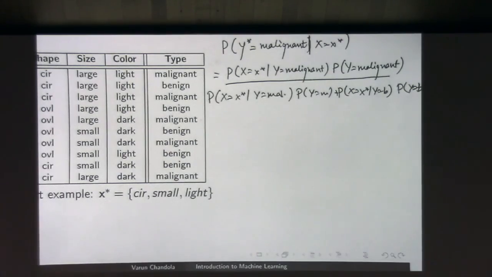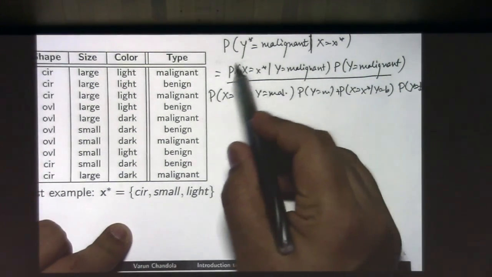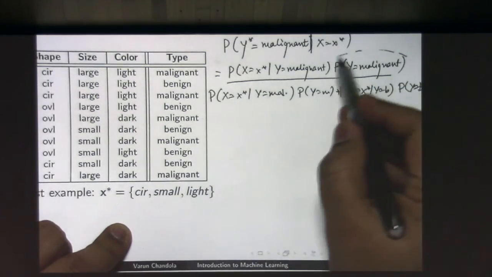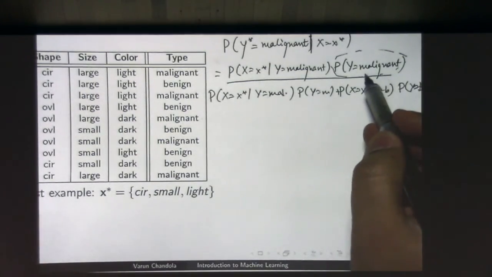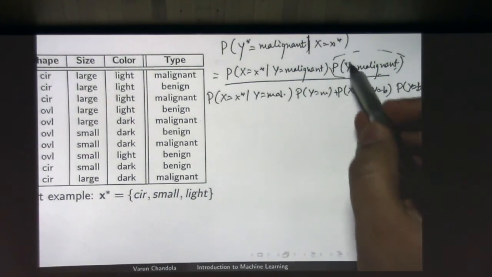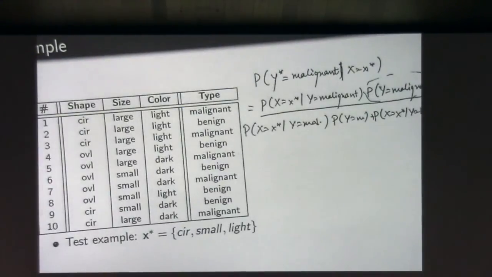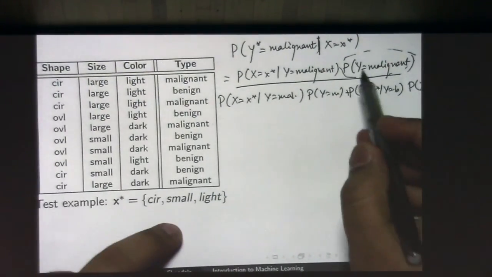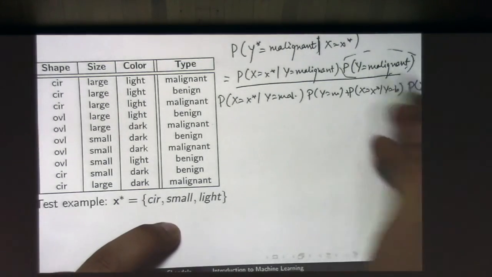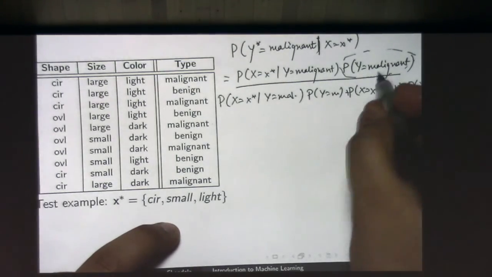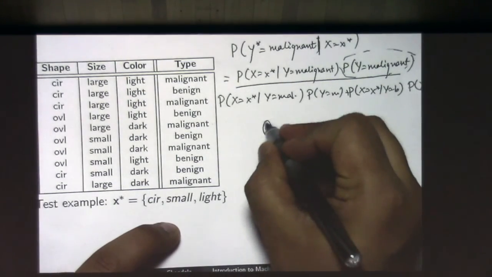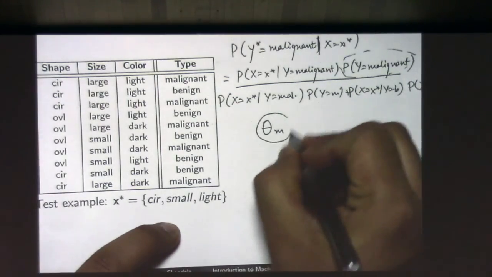All right. So now comes the question of what these things are. So let's first focus on this, right? You can model the random variable y as a Bernoulli distribution, which means that to compute this, you want some theta malignant, right?